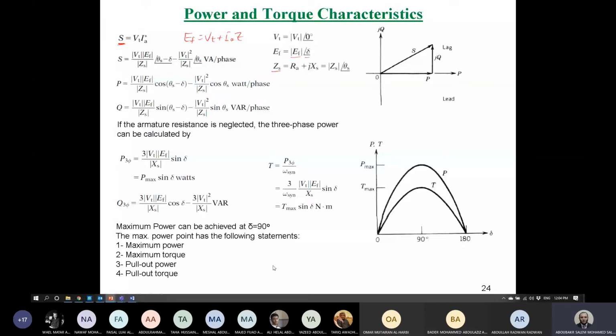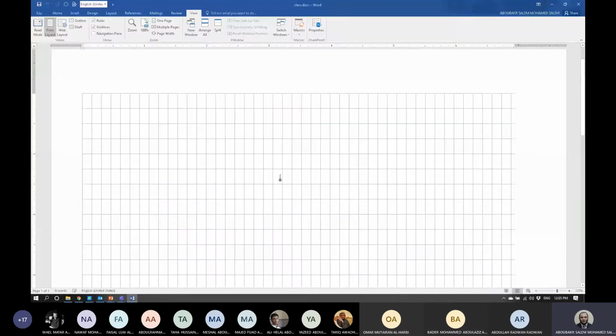And for this part, I would like to discuss it on the geometry of the machine in order to be understood.